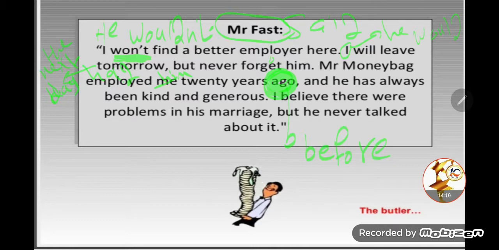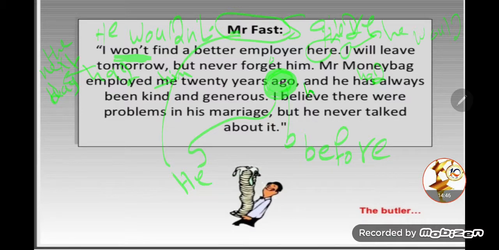Okay, so هون شو بنحكي؟ بنقول Mr. Fast said that he would not find a better employer there. الهير بتصير there. He would leave the next day, but never forgot him. Mr. Moneybag had employed him 20 years before, and he had always been kind and generous. I بتصير he لأنه بتعود على fast.